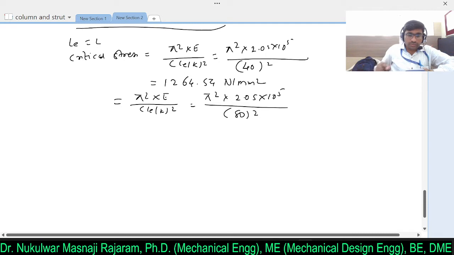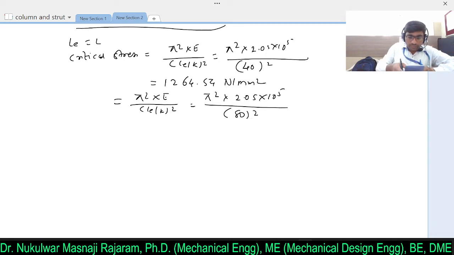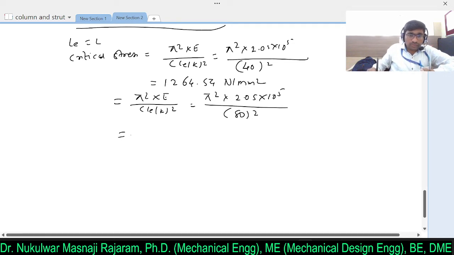Simple. I'm just changing the value of slenderness ratio. Clear? So this will be 316.13 Newton per mm square.